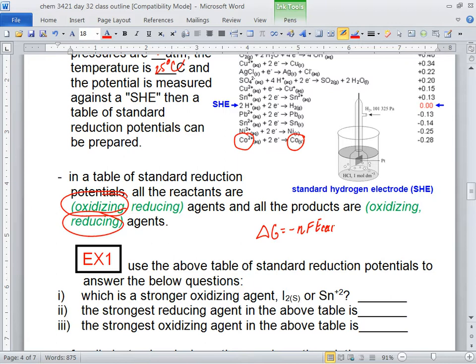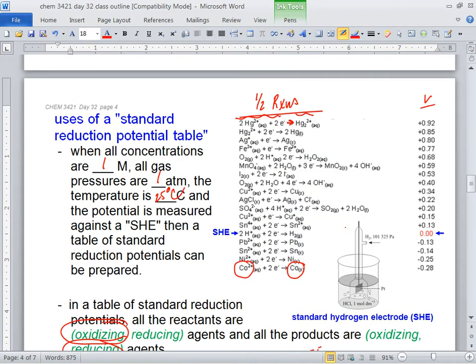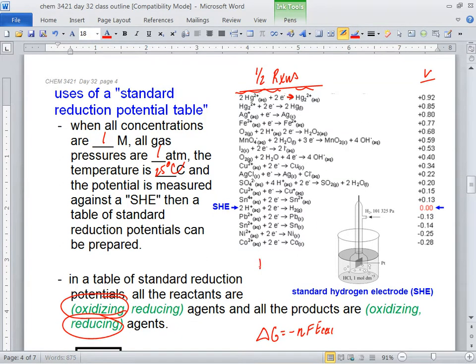So, what's the stronger oxidizing agent, iodine or tin? So what you're supposed to do, oxidizing agents get reduced, so that means they have to be on this side. That's where I should be looking for them. Do you see iodine and tin here somewhere? Oh, here's iodine. Where's tin?